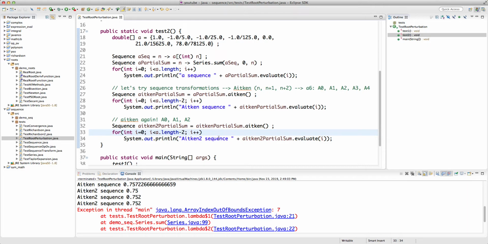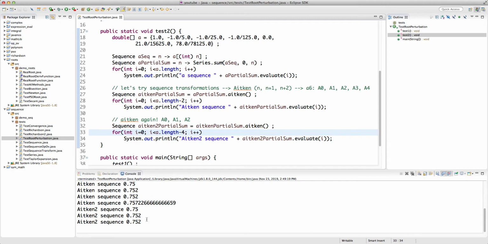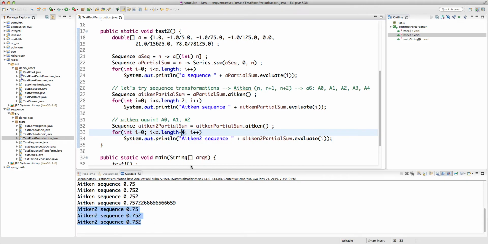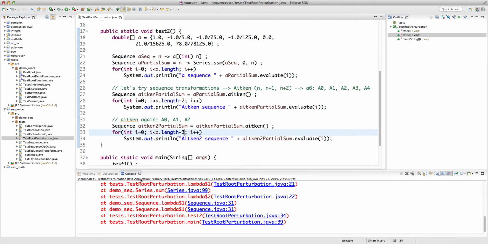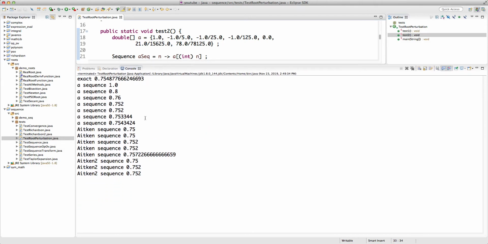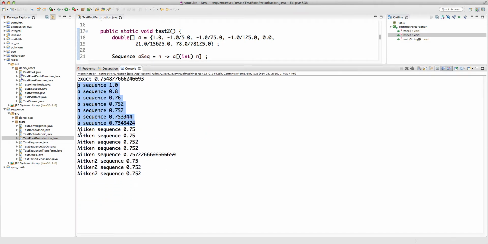Okay, so we should go to 4, I believe. Five or 3. No, so we should go to 4. So the original sequence is like this.